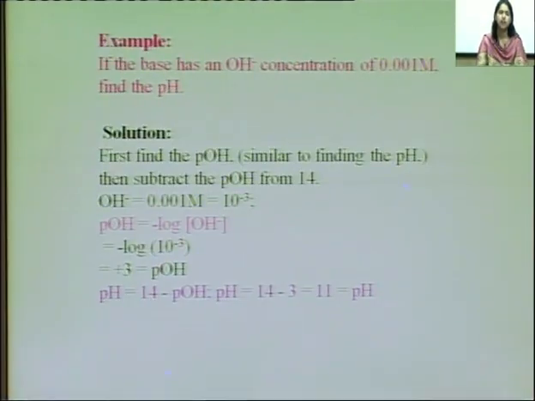In this way, I have discussed the two types of problems where the concentration of hydroxyl ion and the concentration of hydronium ion is given to find out the pH. I hope you have understood the topic of pH, and you will find it easy to find out the pH of the solution.